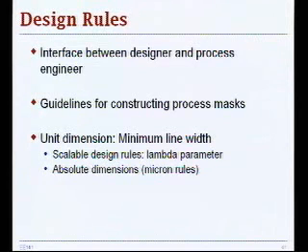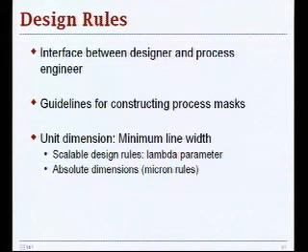Normally these design rules have been traditionally expressed in terms of scalable rules, or lambda rules. You probably heard of those, where you can scale the minimum feature size, minimum width and length across technologies by just scaling this lambda parameter in a linear fashion.